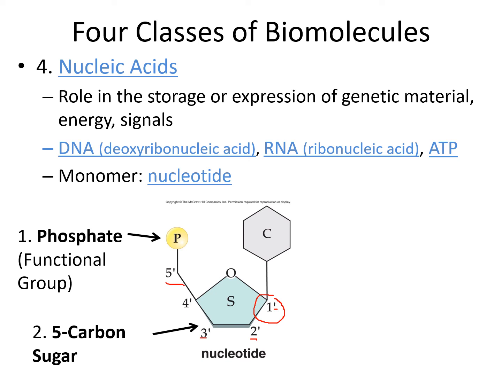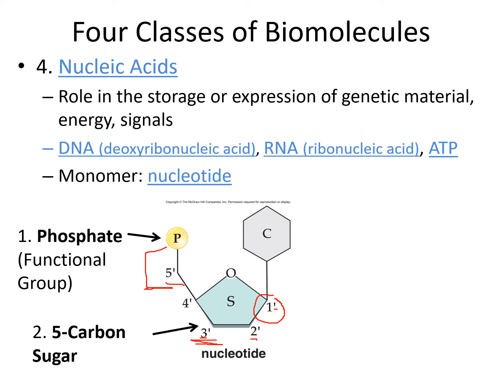And so this is important because this is essentially how we talk about the top and the bottom of the molecule, not only the nucleotide, but like the entire strand of DNA or RNA. This side, the phosphate side, is the 5' end, so the top of the molecule. This side is the 3' end, the essentially bottom of the molecule.